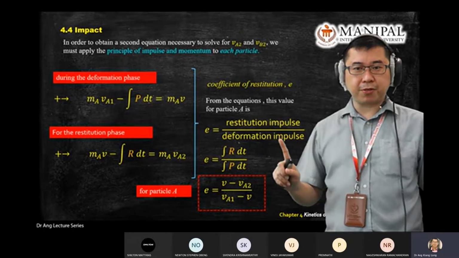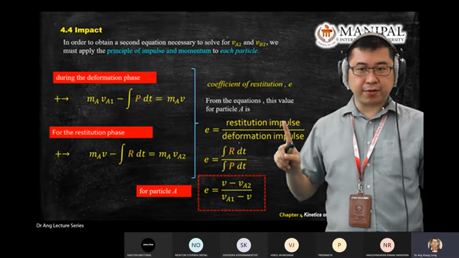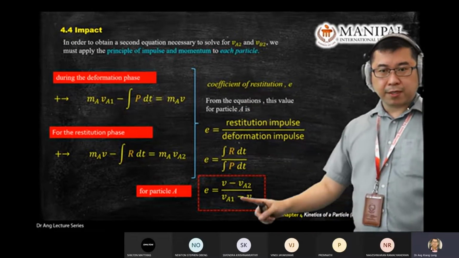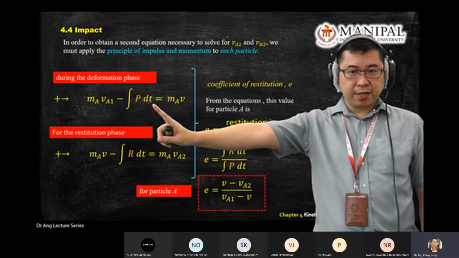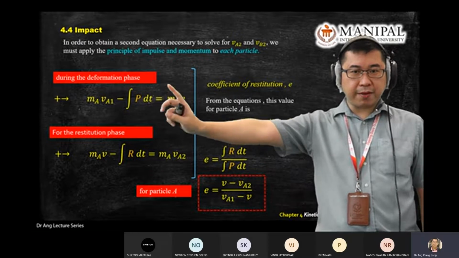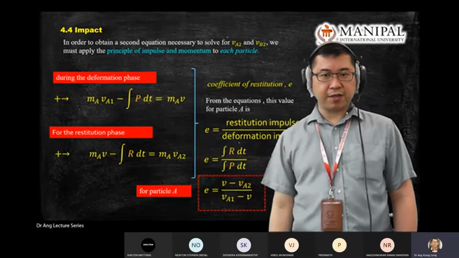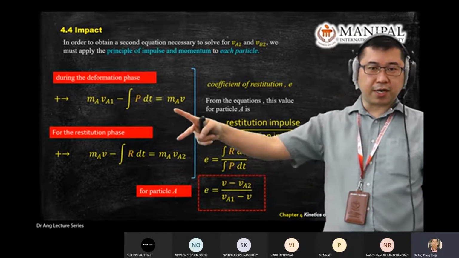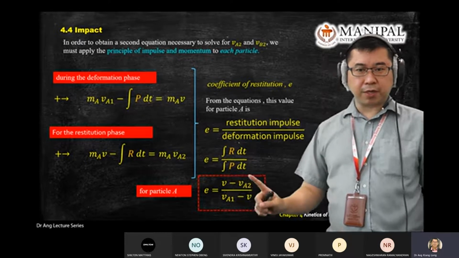Both look at impulse. Coefficient of restitution focuses on impulse. It's a ratio of impulse. How do you get this information? From the principle of impulse and momentum for A before maximum deformation and after maximum deformation. You calculate the ratio, and you put it in terms of velocity.